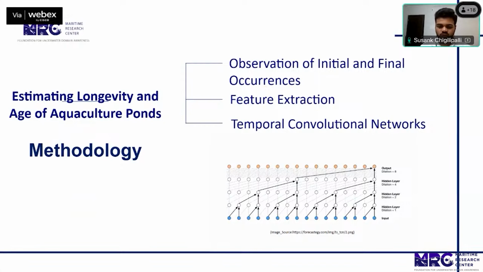We also consider the duration of filling and drying cycles and variations in surrounding vegetation. We use temporal convolution networks for their ability to handle sequence data and capture long-range dependencies. Training the TCN model with historical data helps us to predict the future state of the pond and estimate their lifespan. This method provides a detailed understanding of the dynamics of aquaculture ponds, aiding in better management and conservation strategies.